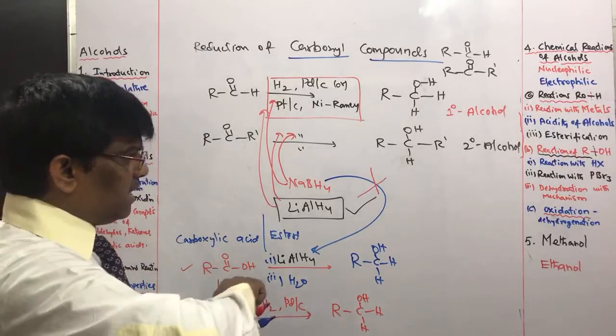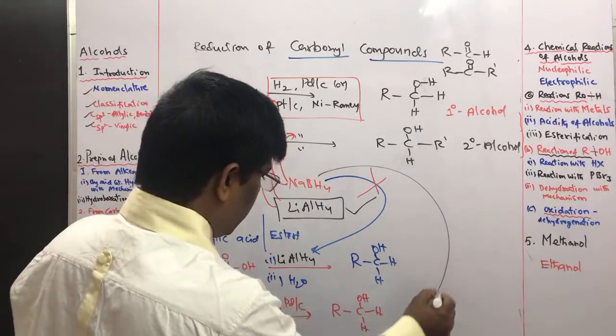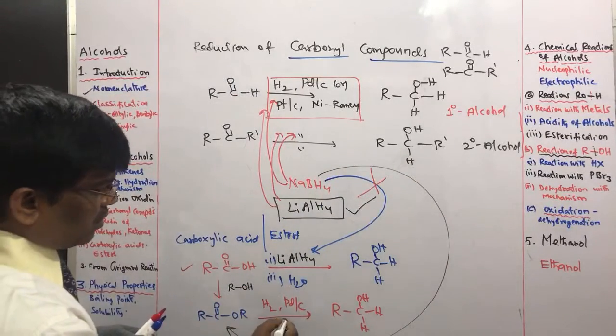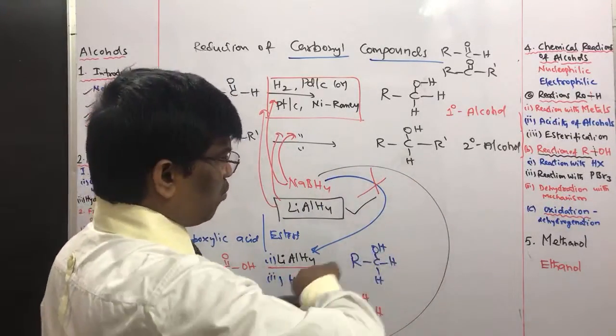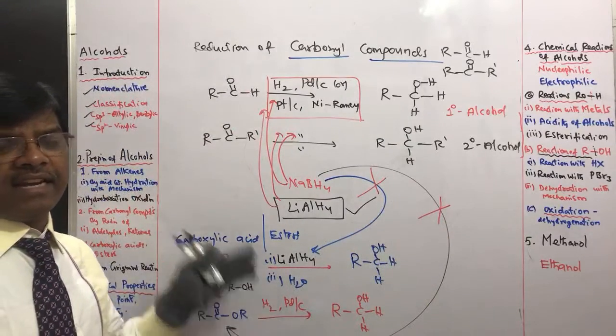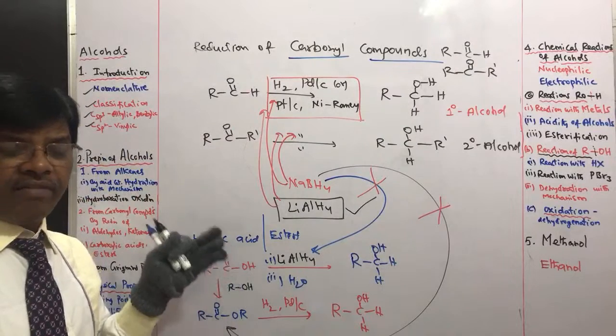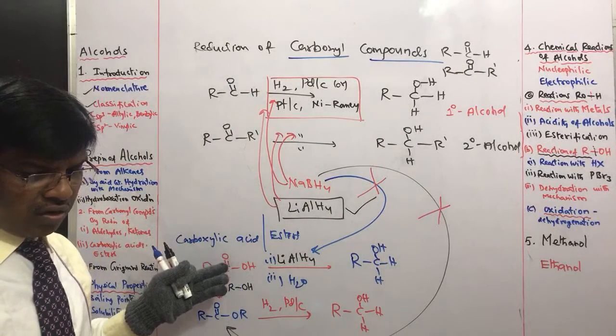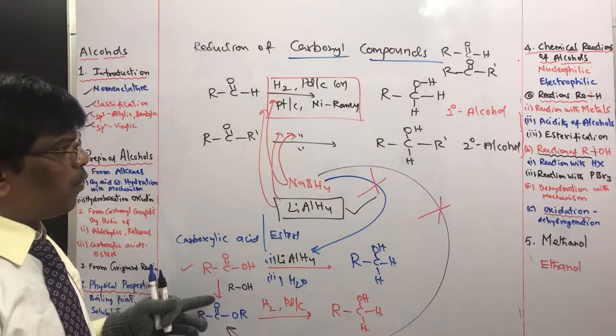However, in this case also sodium borohydride is not going to reduce. So sodium borohydride is not going to reduce esters and acids. It is very important, students. So it is not going to reduce these compounds.